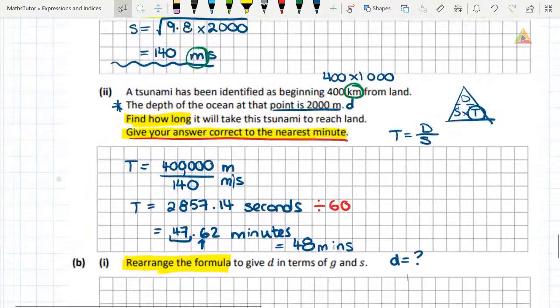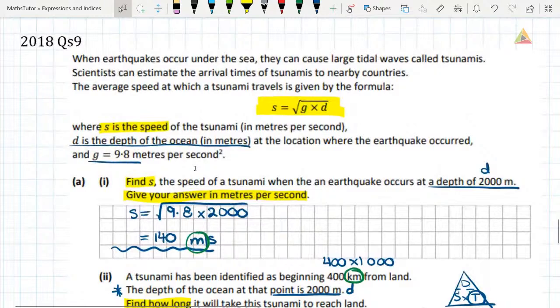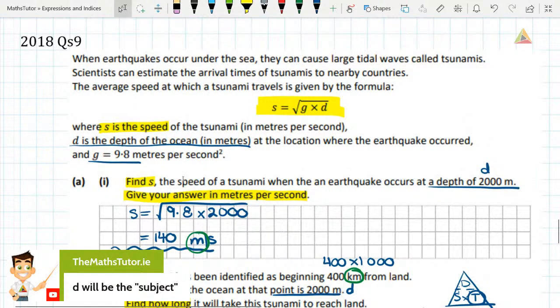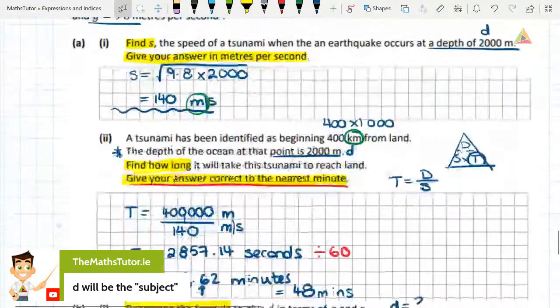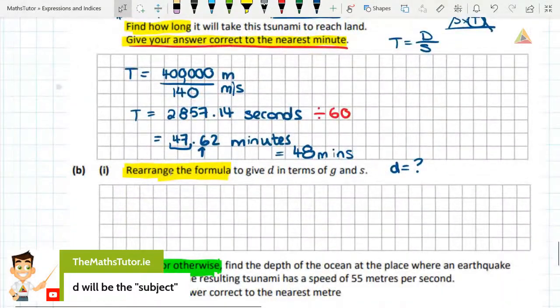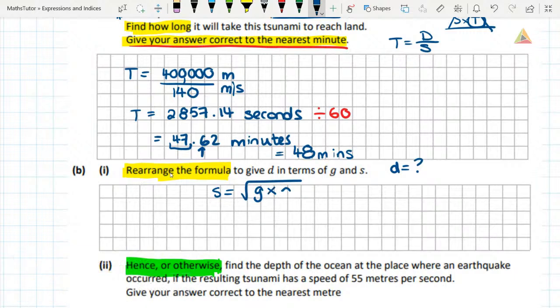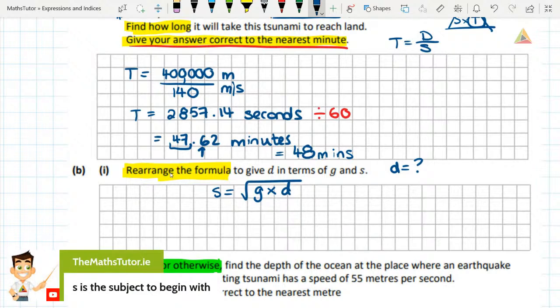From our formula at the top, we can see S is equal to the square root of G times D. We want D equal to. So D is going to be our subject of the formula, and we're allowed to have G's and S's and numbers if we want over on the other side, but we can't have any D's over on the other side. So we want D on its own.